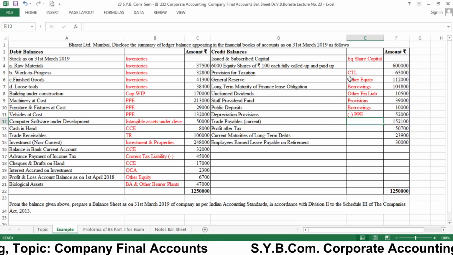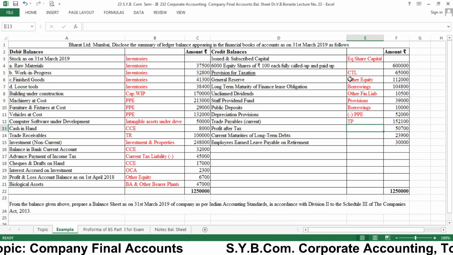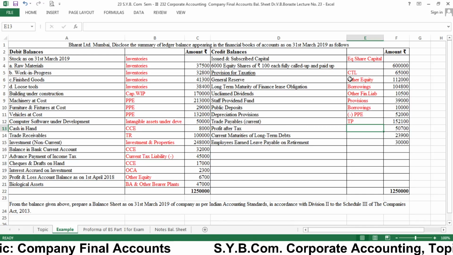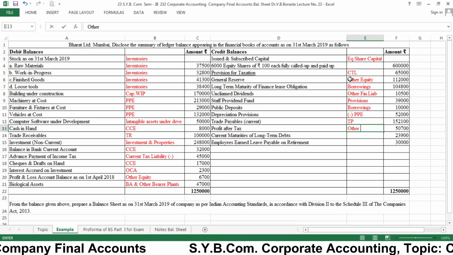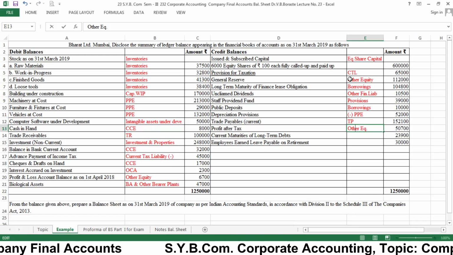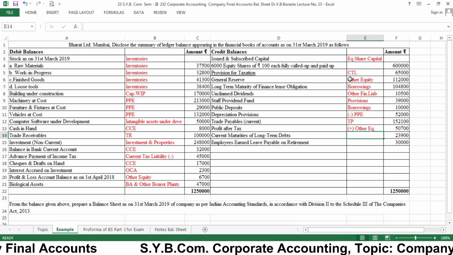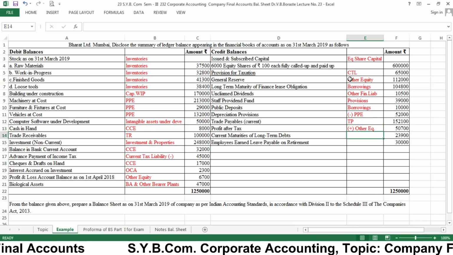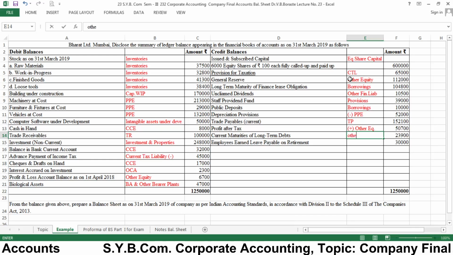Then trade payable, under the same head, trade payable. Profit after tax, so this is other equity and we have to add it in other equity, so I am putting here plus sign. Current maturities of long-term debt, so this is other financial liability.